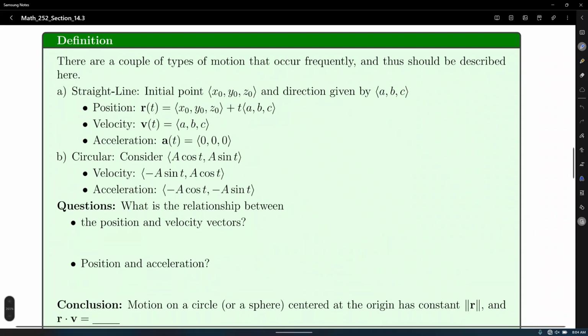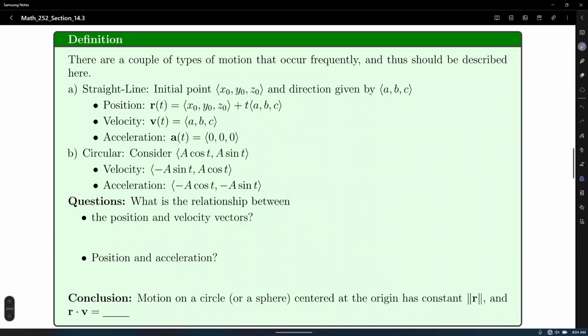And another very important trajectory is the circular trajectory, that is typically parameterized with a cosine in the x component and a sine in the y component. That's what we saw in parametric equations at the end of calculus 2.